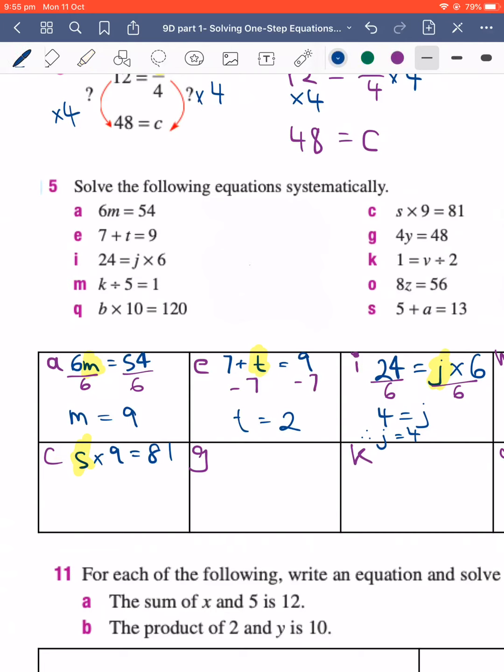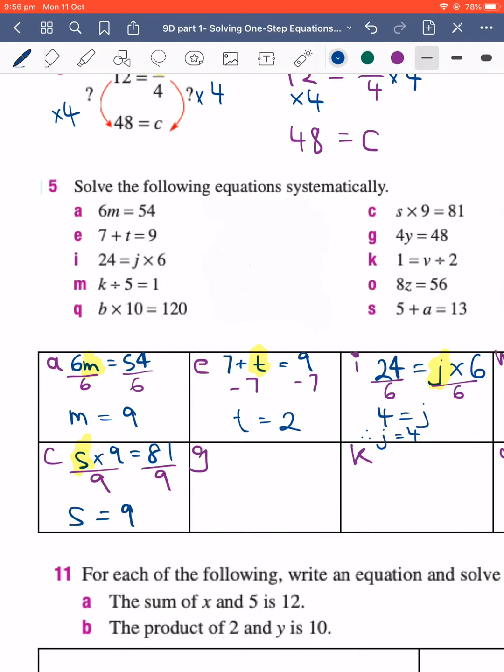So if I'm multiplying by 9, I then have to divide by 9 because it is the opposite operation. Then I end up with just S because multiplying something by 9 and then dividing it by 9 just cancels each other out. And then 81 divided by 9 gives me my answer of 9 because it is a nice squared number.